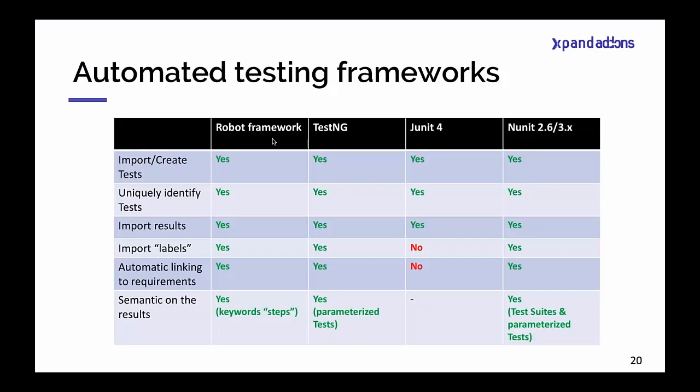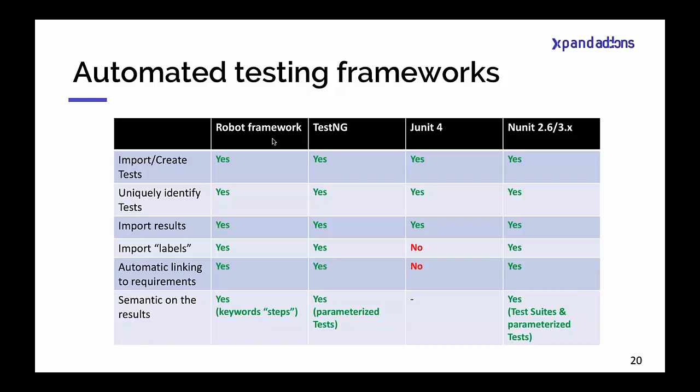TestNG is used by many Java teams since it's a framework that provides many useful features that JUnit 4, for example, wasn't able to deliver. And now you can submit results from TestNG tests and get visibility of them in Jira and in the related requirements.